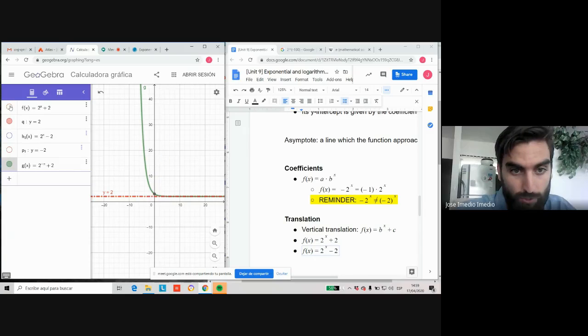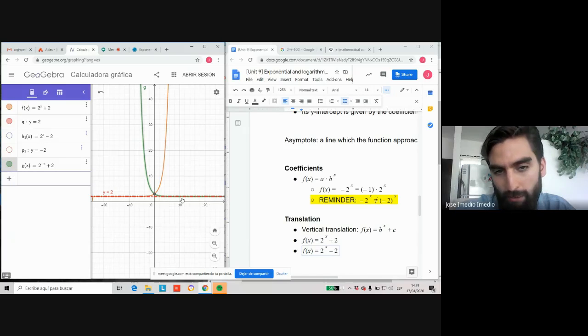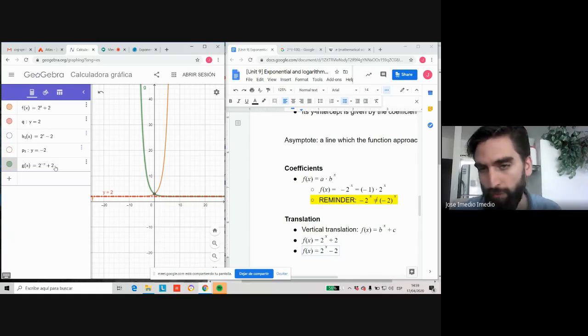These two functions, the one representing exponential decay and the one representing exponential growth, both have the asymptote at the same place. If we are translating vertically, it affects both graphs. It's the same. This translation applies to any kind of exponential function.